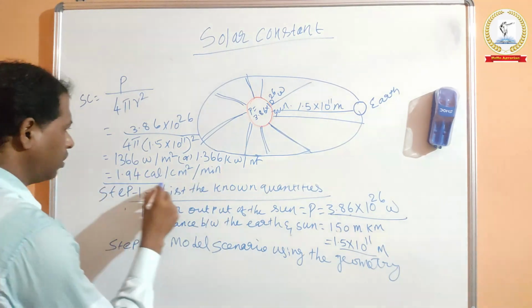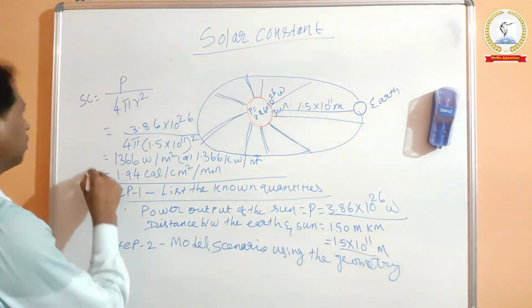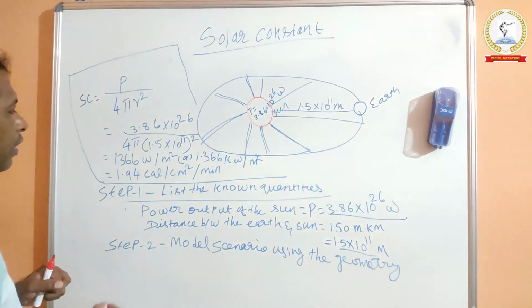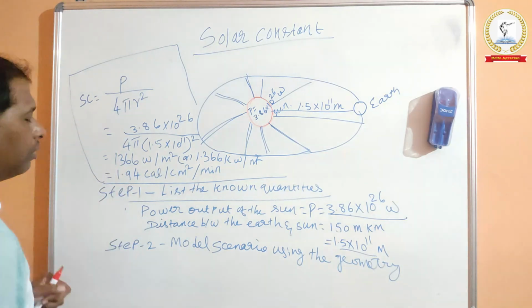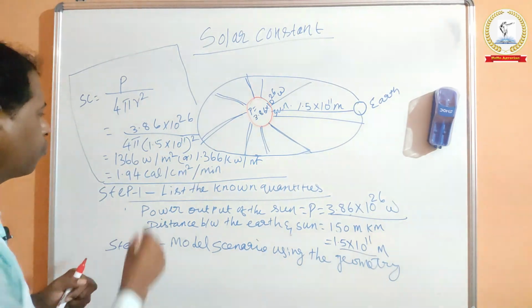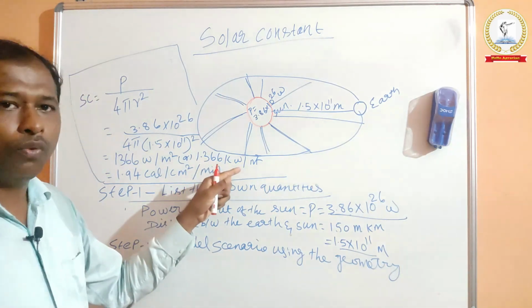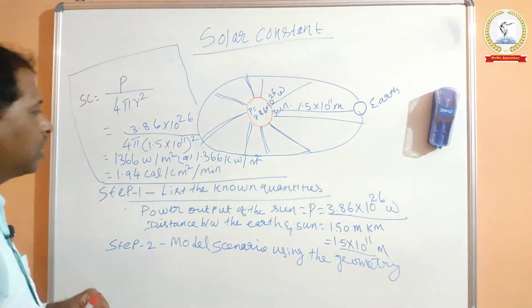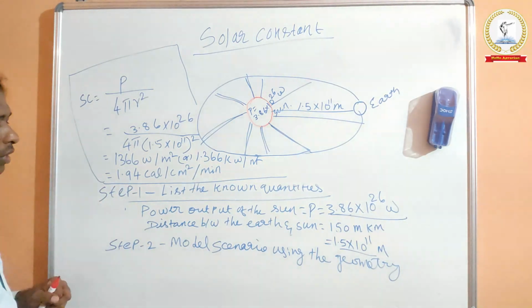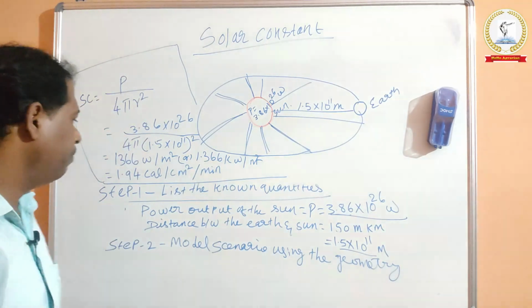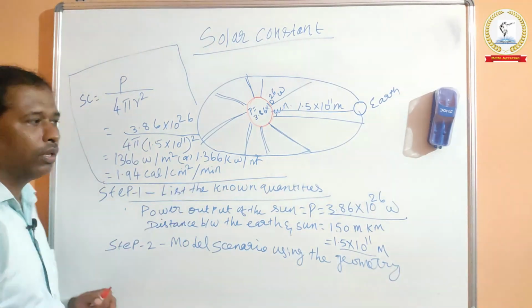So this is called the solar constant value. Ultimately, it is 1366 watts per square meter, 1.366 kilowatts per square meter, or 1.94 calorie per square centimeter per minute.